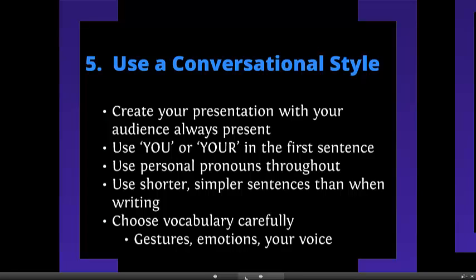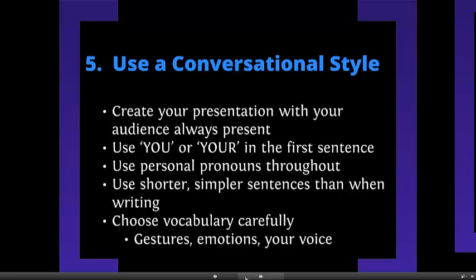Whether there's 100 people there or whether there's 5 people there, they're still creating that connection with their audience. Okay, use you or your in the first sentence to let them know, I'm speaking to you. And as an individual, you're hearing that, okay, he's speaking to me. Use personal pronouns throughout.